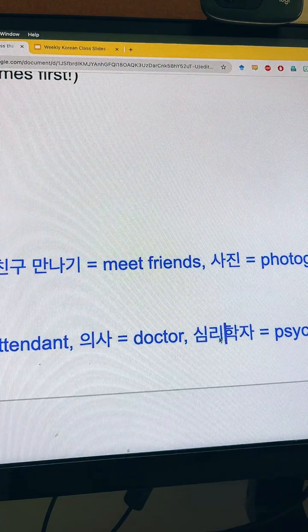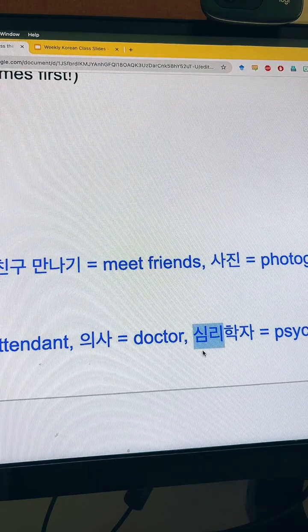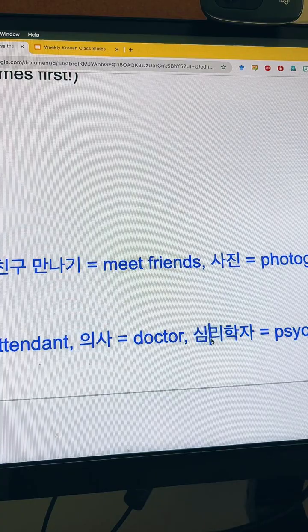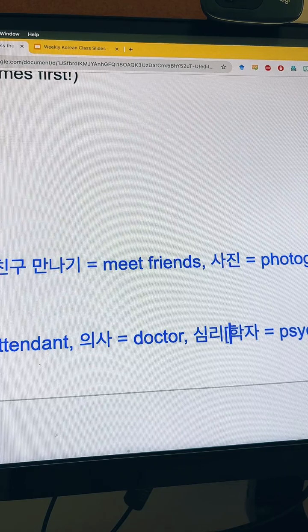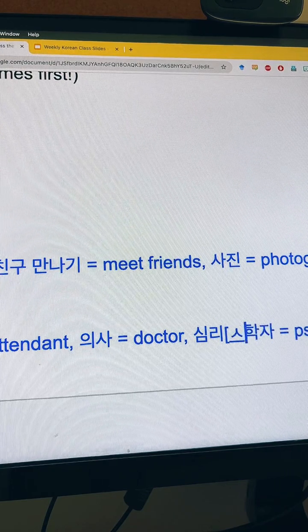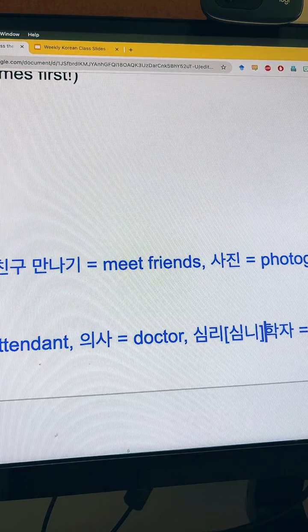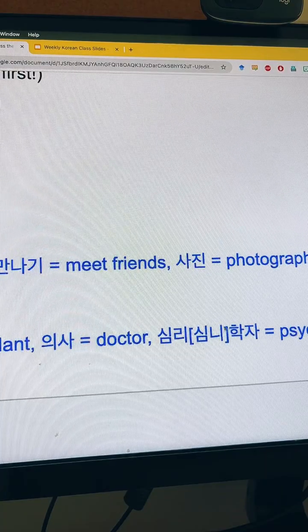And the pronunciation for 심리, you don't have to say 심리. Don't emphasize the L here. Just say 심리. Pronunciation.